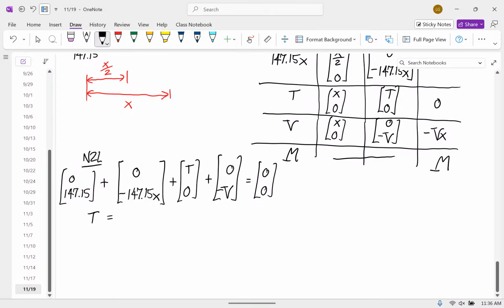So T is equal to 0. V is equal to this function, negative 147.15x plus 147.15.